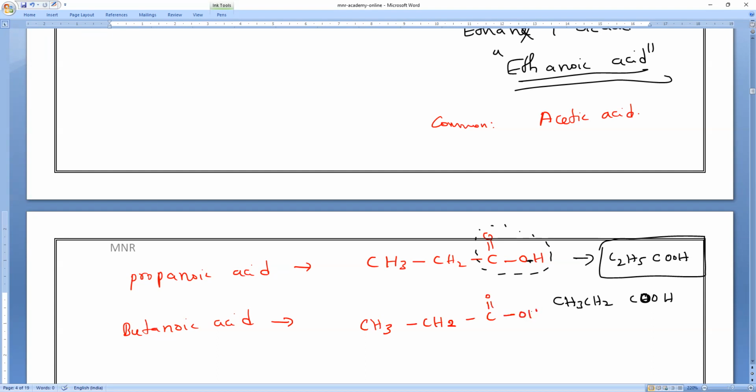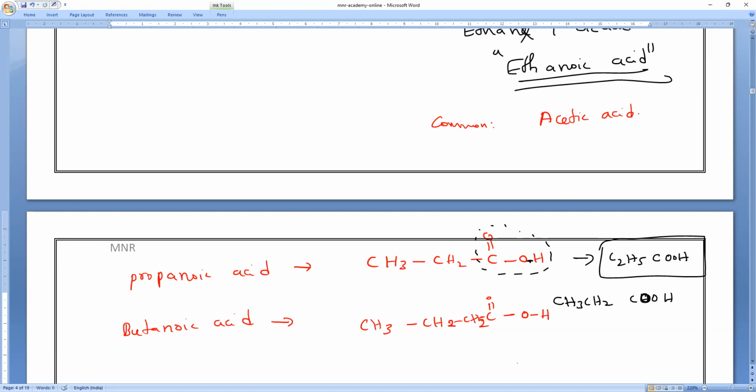These are only 3 carbons, so I will add one more carbon. So 4 carbons are there. So CH2, C double bond O, single bond OH. Now it is perfect.